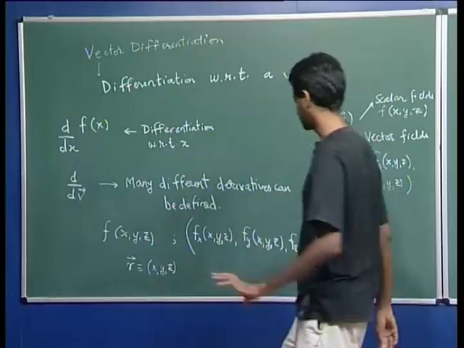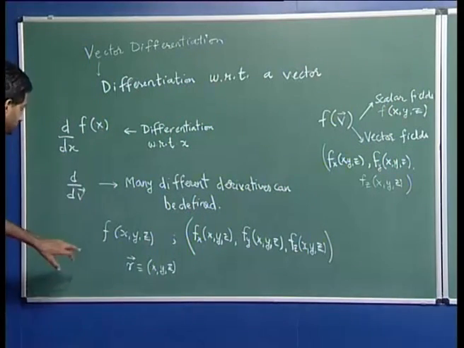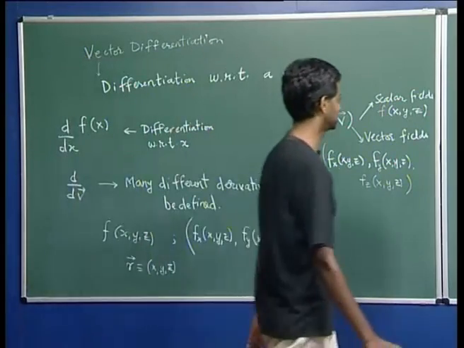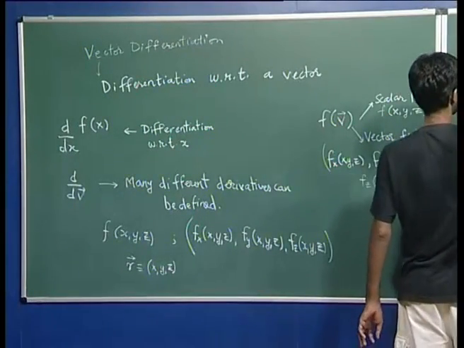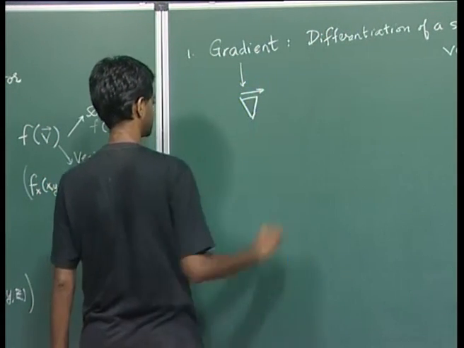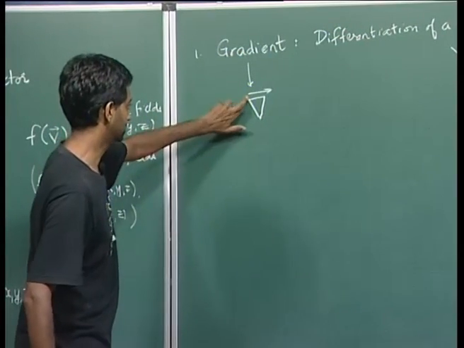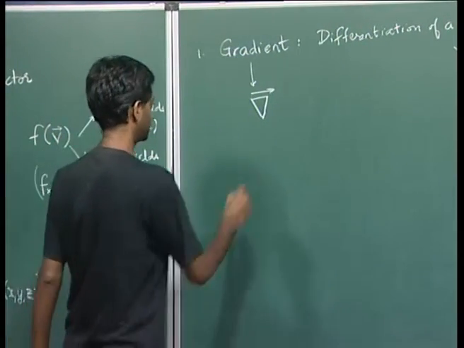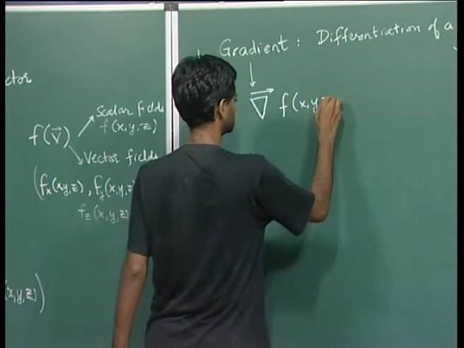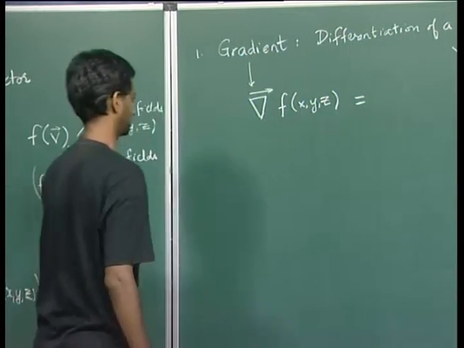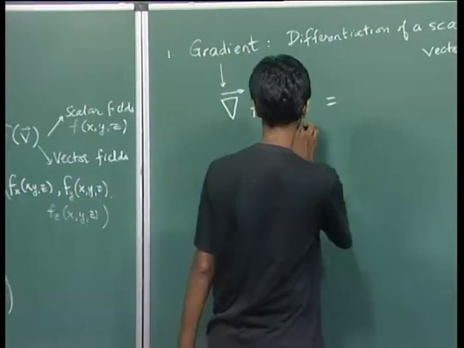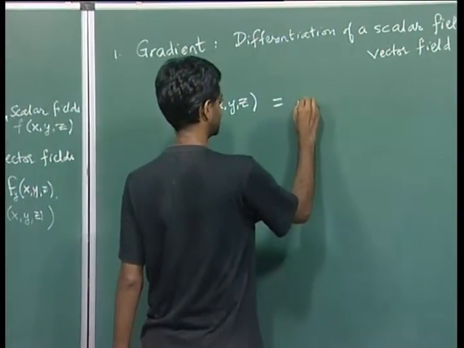So what happens in the gradient is that you take a scalar field, you differentiate with respect to r, and you get a vector field. And the definition of the gradient is as follows. The symbol for the gradient is this, and it's usually denoted as a vector, because when this operates on a scalar field, it gives a vector, and therefore this vector symbol is used on top of the gradient operator. So when this acts on a scalar field, it gives a vector, and the definition of the gradient is the following.